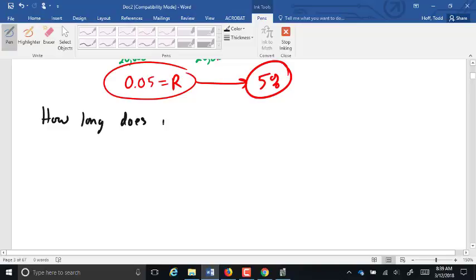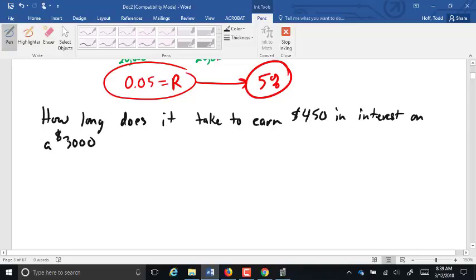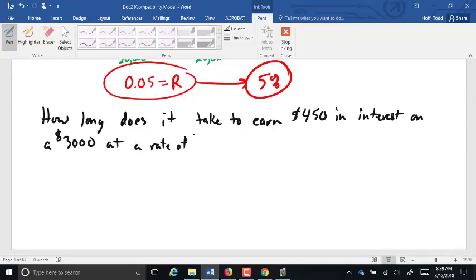How long does it take to earn $450 in interest on a $3,000 investment at a rate of, let's go 5%. I'm going to have you guys try that in your notes, see what you come up with. We'll go over it in a minute.